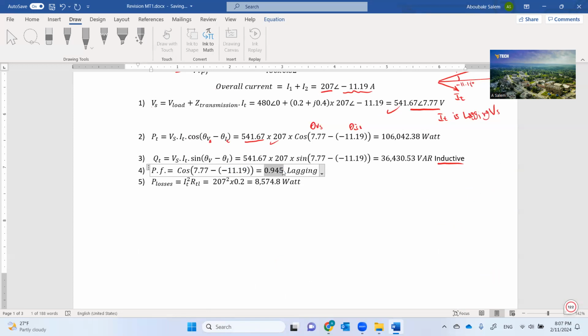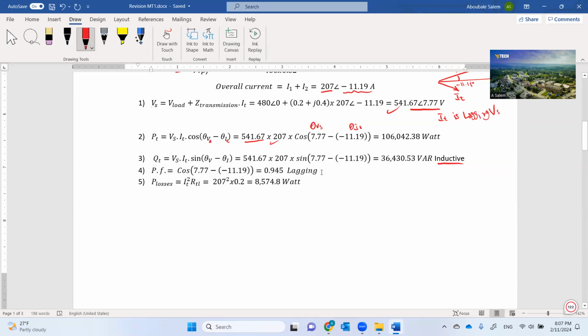The power factor is 0.9457. So this is correct. It seems I just wrote the number incorrectly here, but I calculated everything from the calculator. So this is correct now.